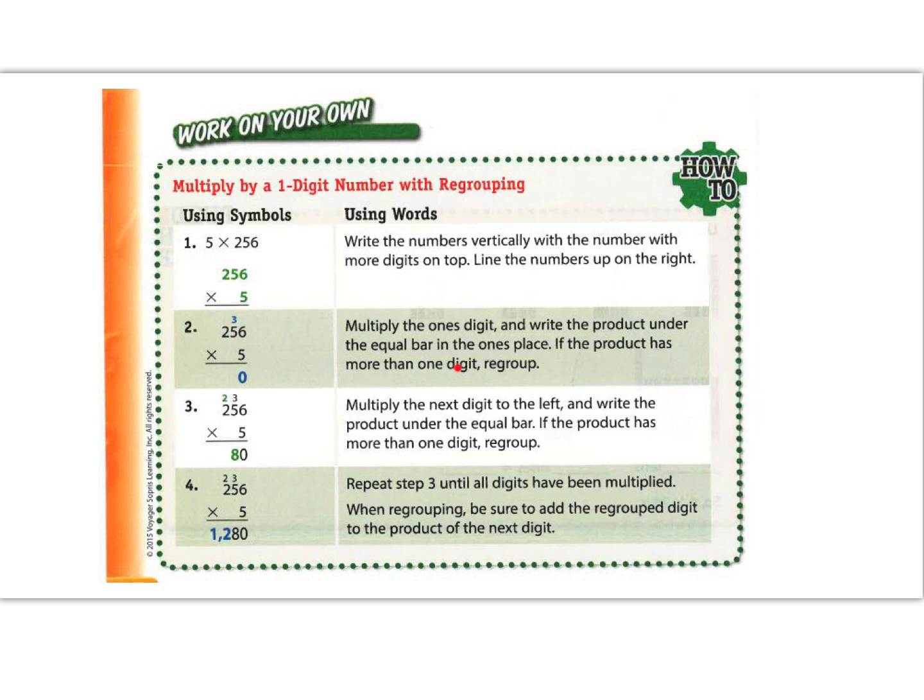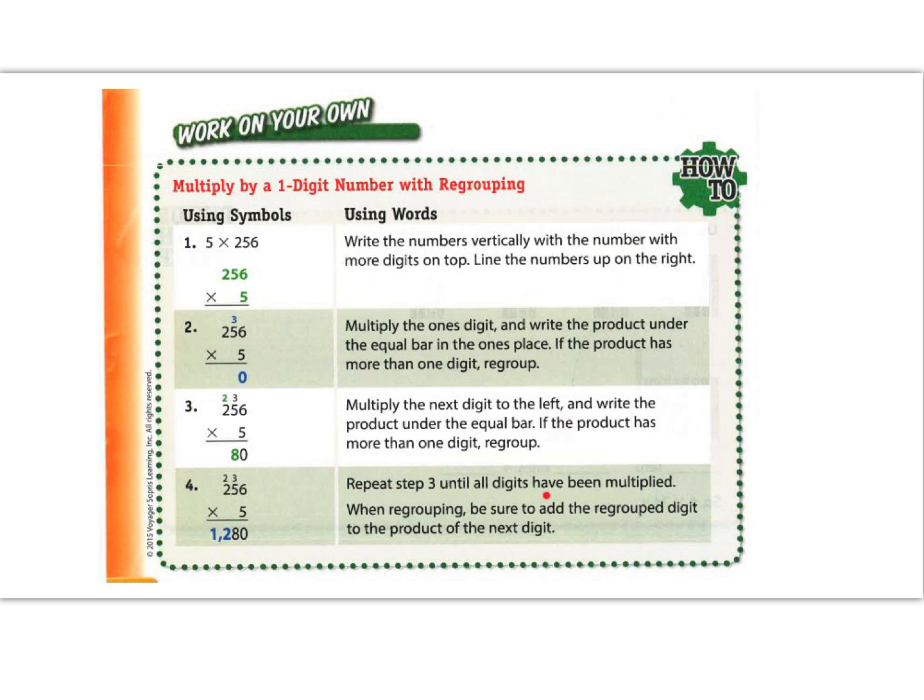If the product has more than one digit, regroup. So 5 times 6 is 30, so 0, we got to regroup with that 3. Multiply the next digit to the left and write the product under the equal bar. If the product has more than one digit, regroup. So 5 times 5 is 25, plus 3 is 28, so 8, they had to regroup that too.